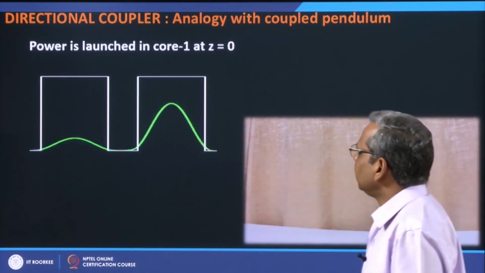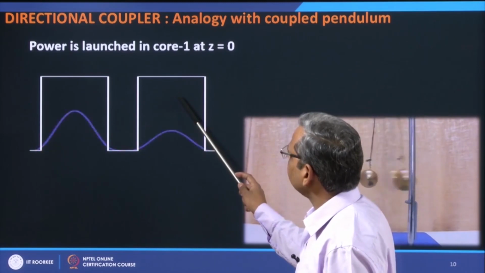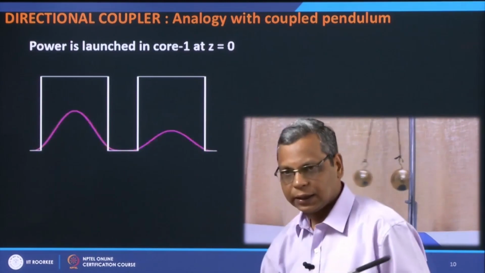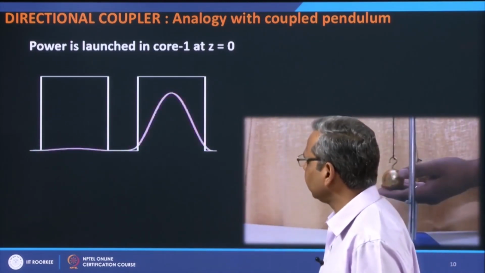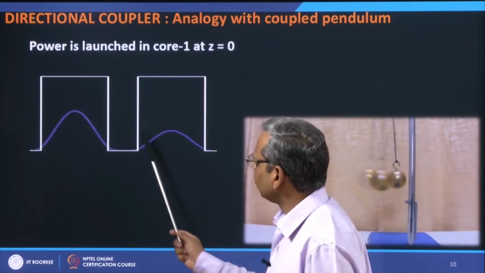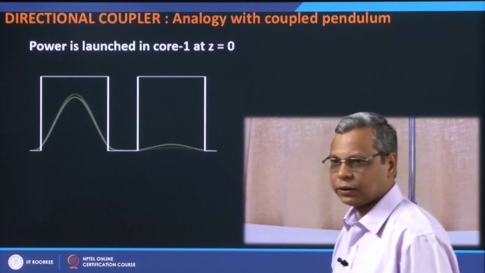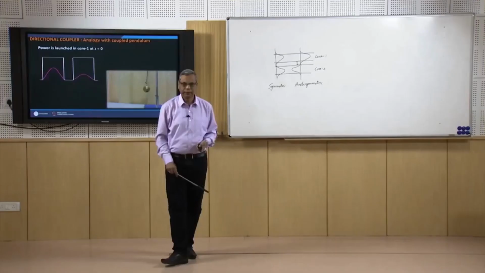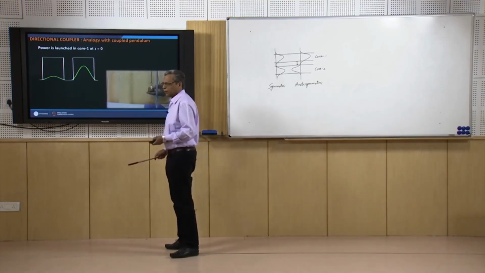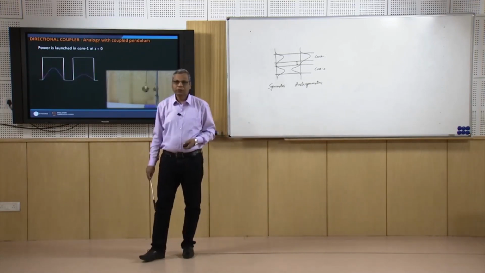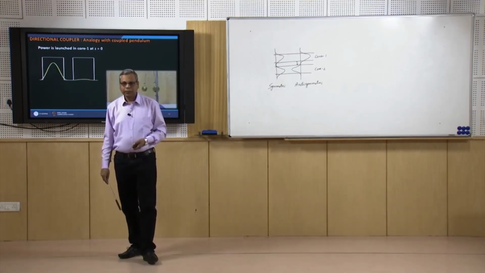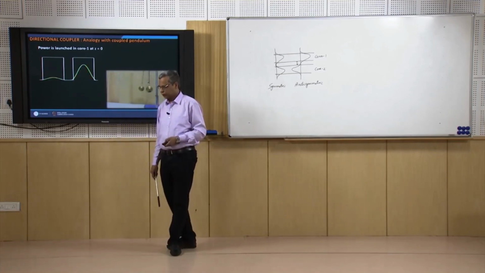Similarly, here if I have all the power at z equal to 0, then as the power propagates along the length of the system, the power periodically transfers from one core to another core. Okay. So, there is periodic coupling, power couples back and forth between the two cores. So, this is how, by just a simple analogy of a coupled pendulum, we can understand the phenomenon of coupling of power from one core to another core.